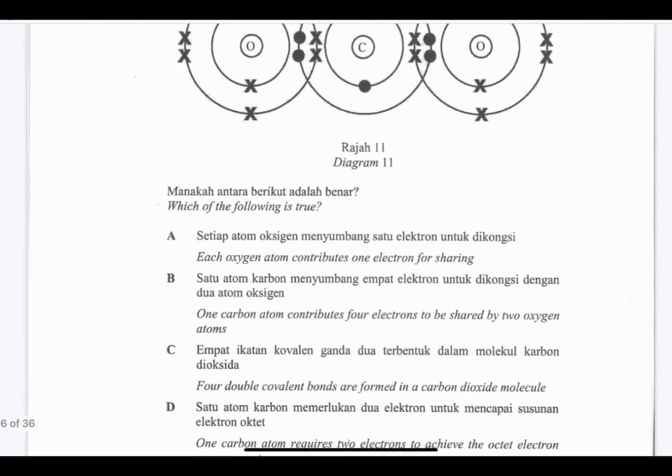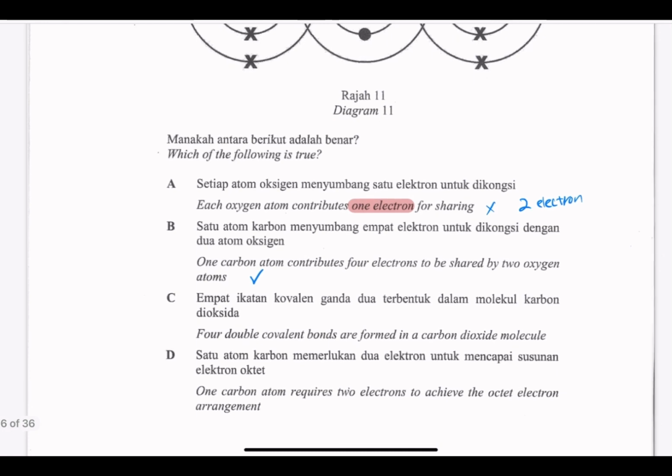Each oxygen atom contributes one electron for sharing. Okay, this one is incorrect. They contribute 2 electrons. One carbon contributes 4 electrons to be shared by 2 oxygen atoms. Yes.